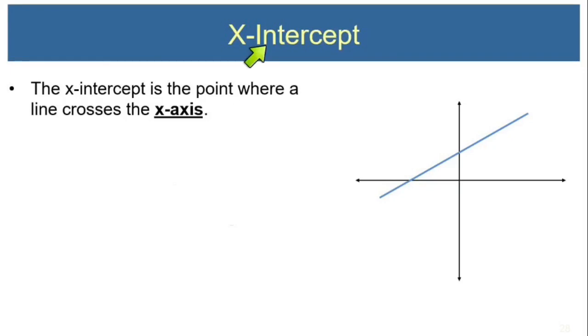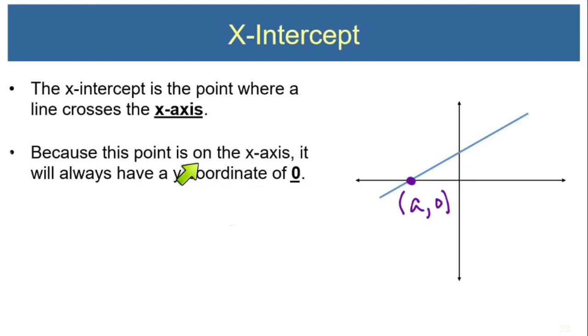Okay, now we're going to talk a little bit about x-intercepts and y-intercepts. So we'll start with the x-intercepts. The x-intercept, as we have seen in a previous section, is the point where a line crosses the x-axis. So for this graph, that would be this point right here. I'll just call it a, 0. We know its y-coordinate is 0 because it's on the x-axis. So a could be whatever number, but the y-coordinate is definitely 0.